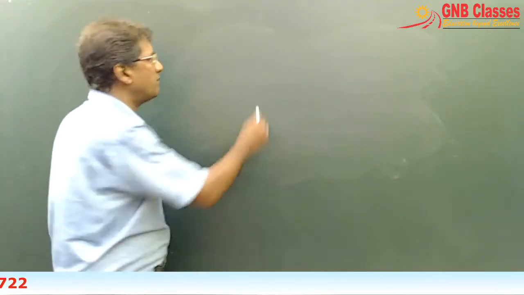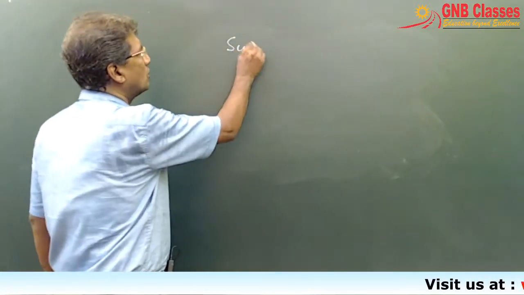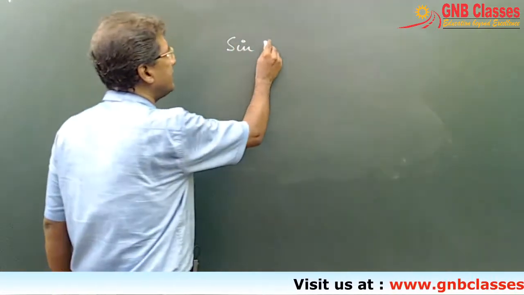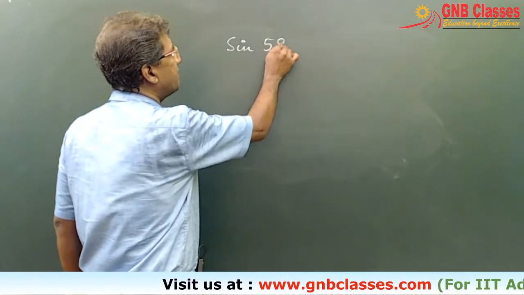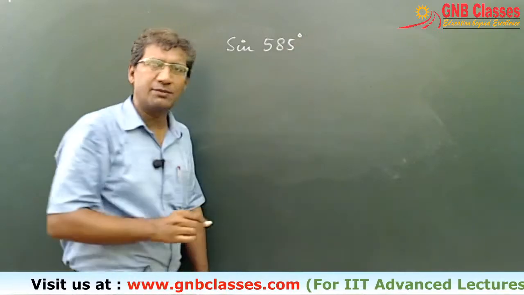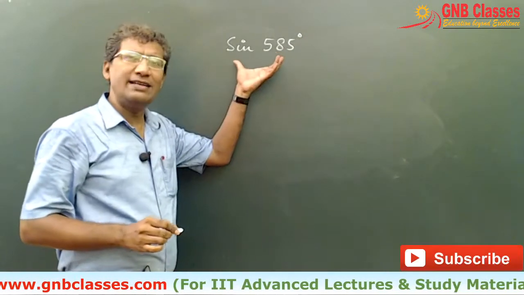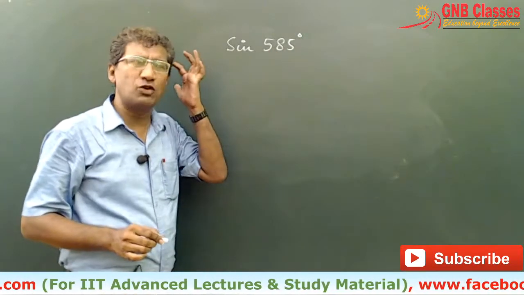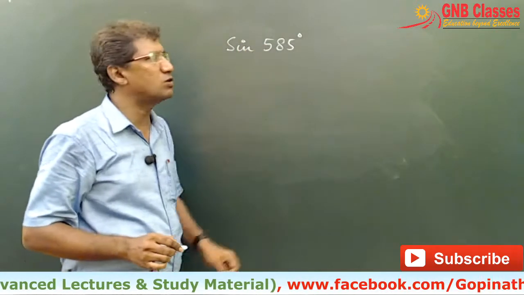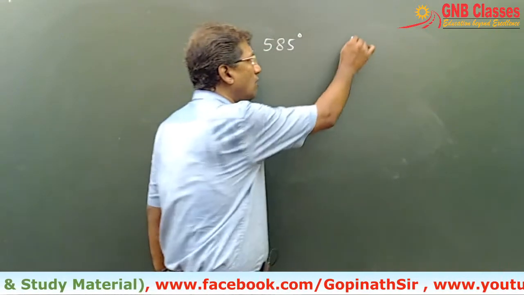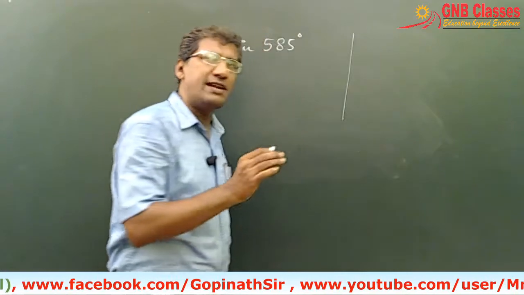Suppose we have been given to find the value of sine 585 degrees, right? Now, to find out those values, first of all, we have to remember that whenever this kind of values are given, we will always use those standard values.